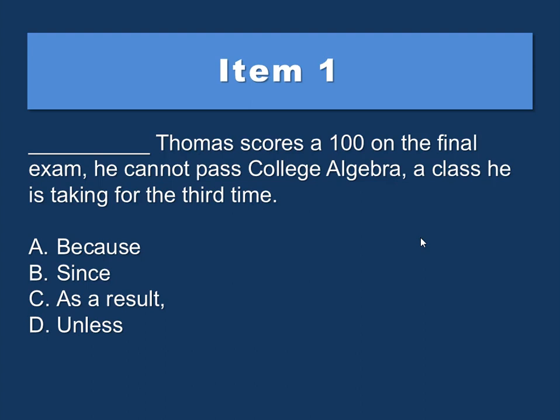So, to make it clearer, we are going to use unless. Unless Thomas scores 100. So, it means that Thomas must score 100, otherwise he cannot pass the college algebra class.